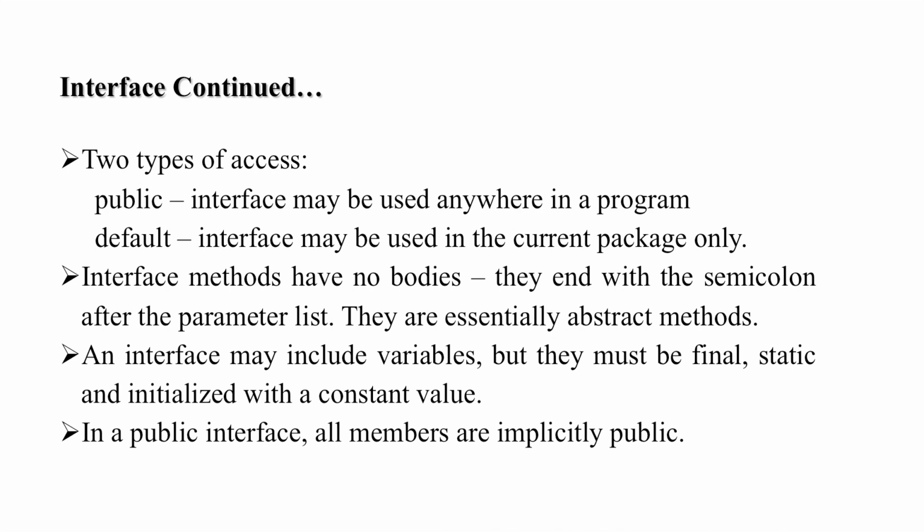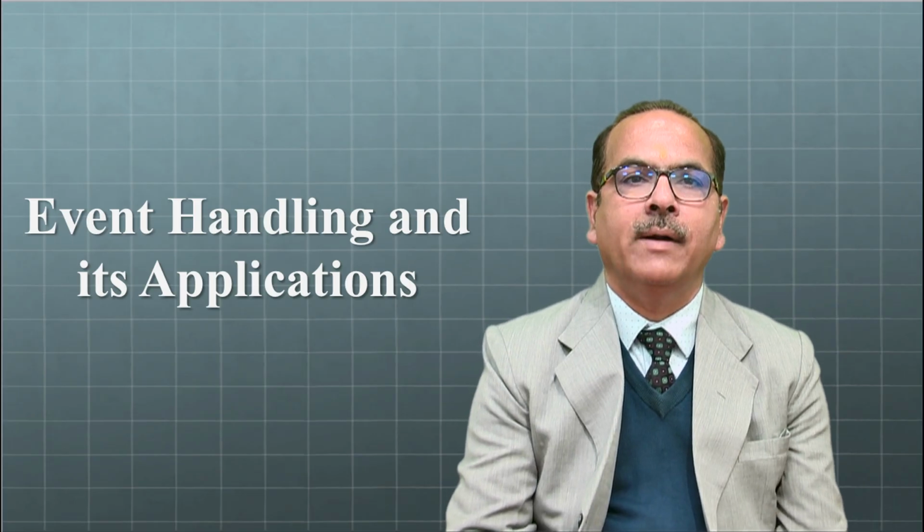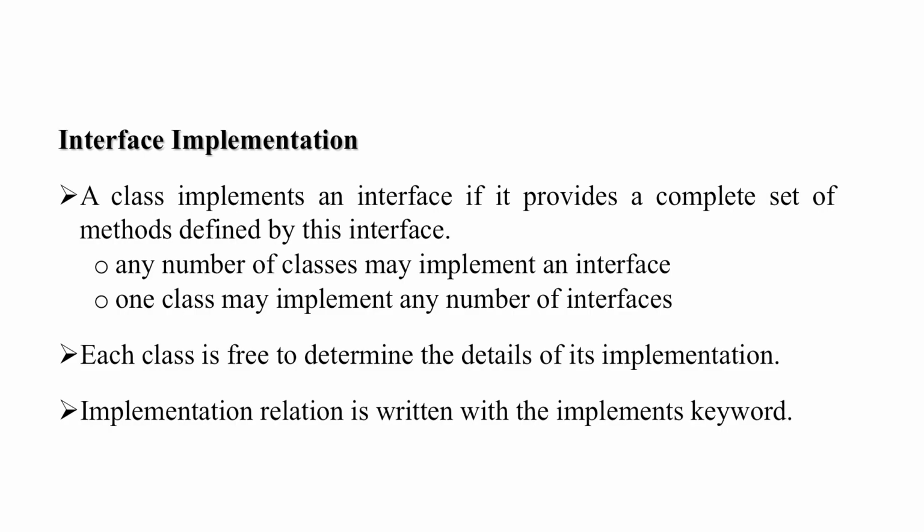An interface may include variables, but they must be final, static, and initialized with a constant value. For a public interface, all members are implicitly public by default. Now, how to implement an interface? A class implements an interface if it provides a complete set of the methods defined by the interface.